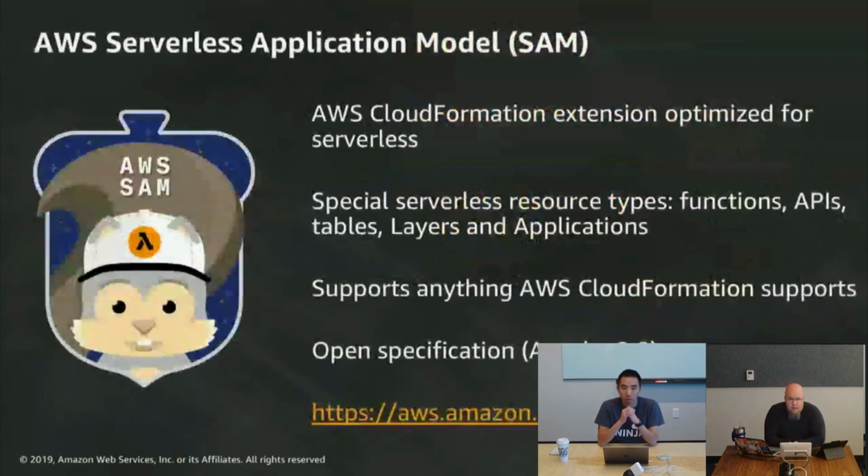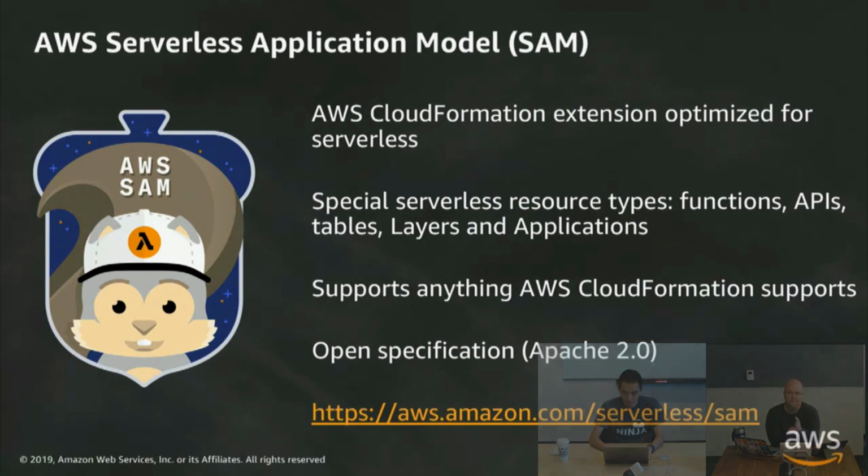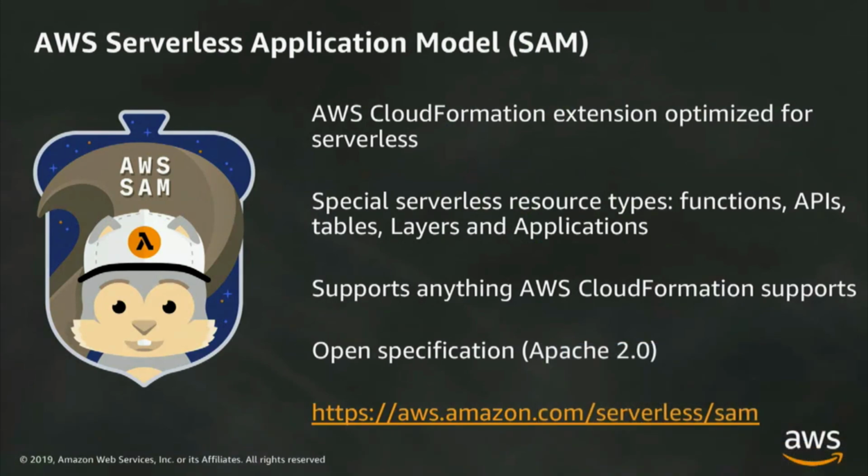The first thing to note is SAM is an AWS CloudFormation extension optimized for serverless. It has special serverless resource types, functions, and APIs, as you can see, that help you build serverless resources faster. It supports anything in AWS CloudFormation, so if you use something in CloudFormation, it can go right into SAM. And it has an open specification.